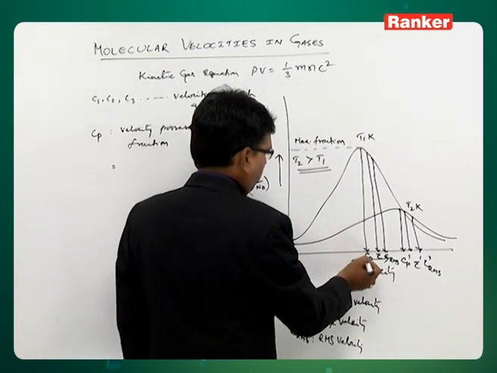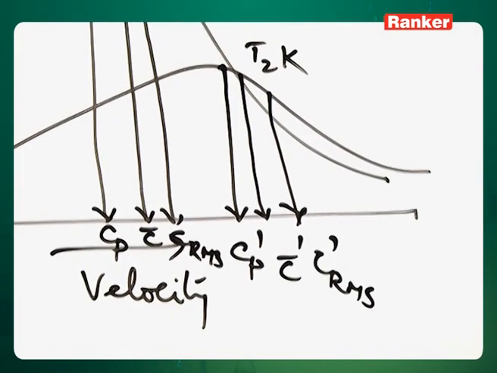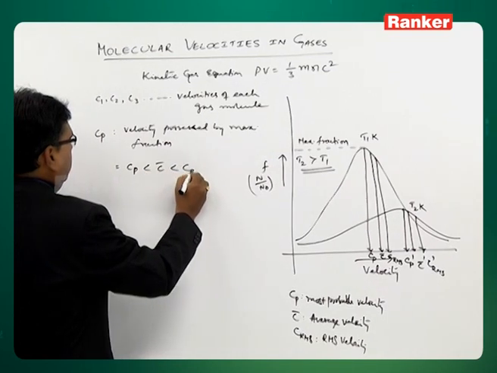From this, if you look at it, Cp less than C bar less than CRMS.